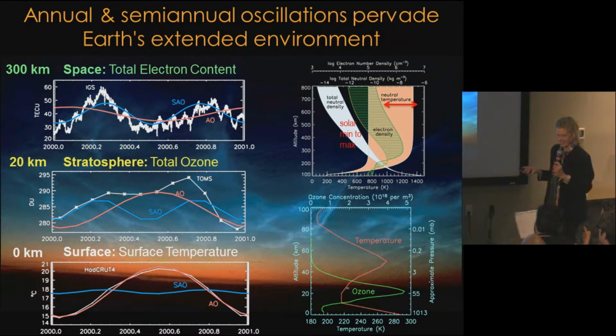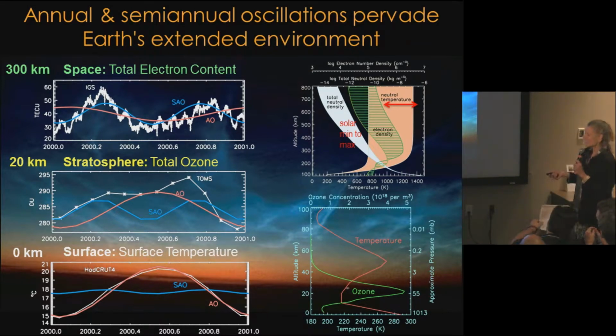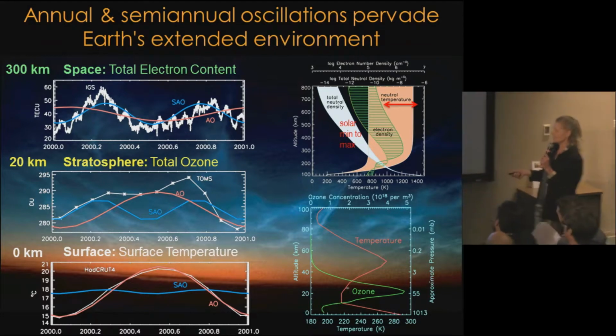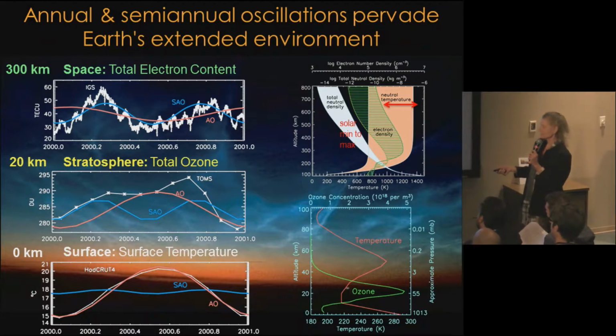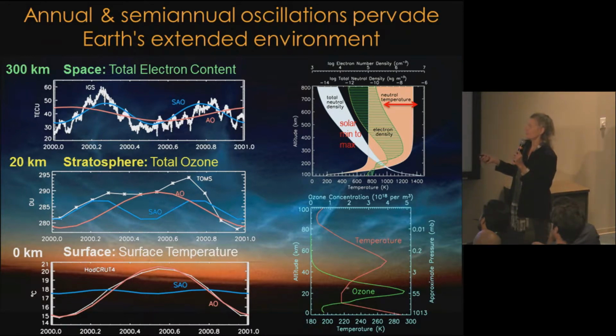Keep going. Okay. So this is a summary at the surface, in the stratosphere, and at 30 kilometres. You can see that the annual oscillation dominates at the surface, but there's a modest semi-annual oscillation. The semi-annual oscillation starts to appear more prominently in the stratosphere and is quite significant in the thermosphere and ionosphere.